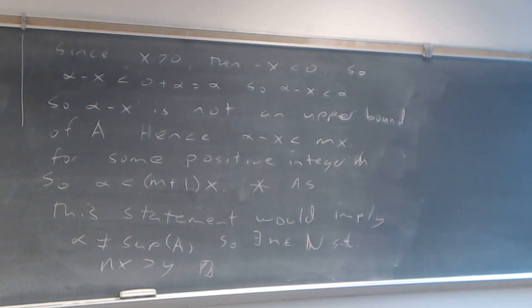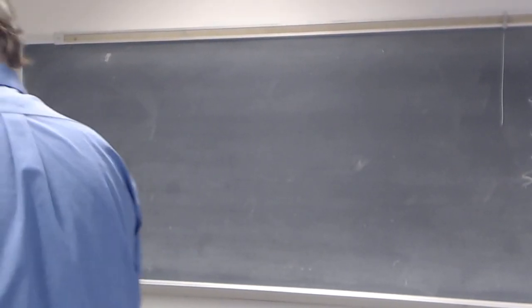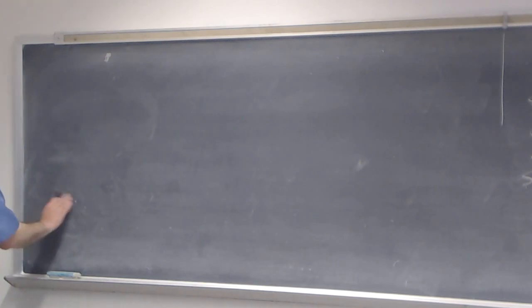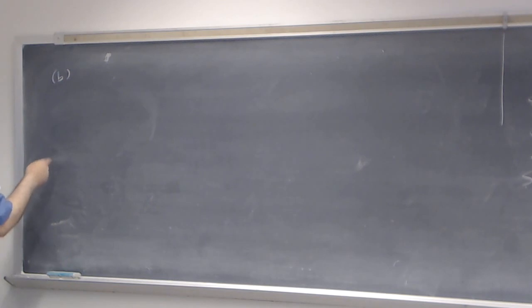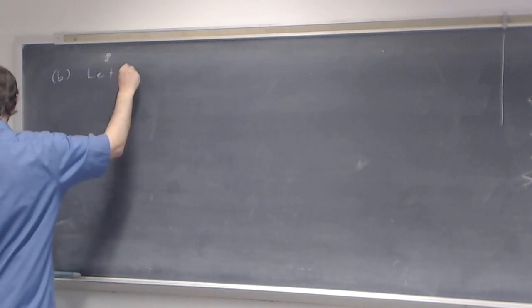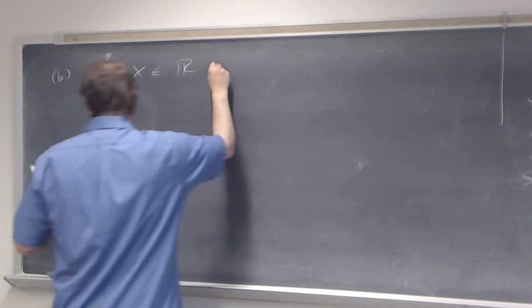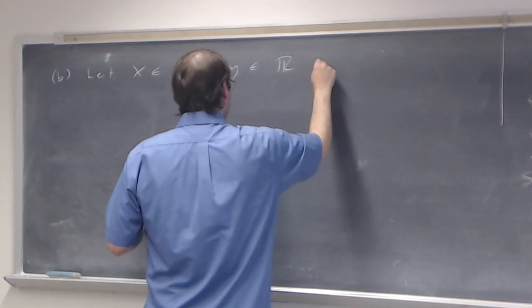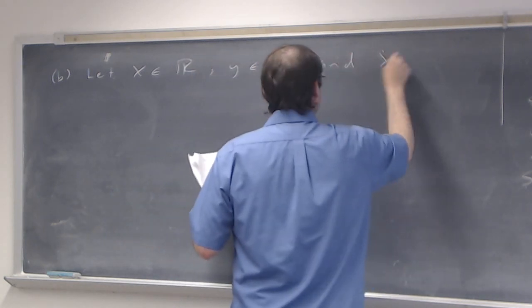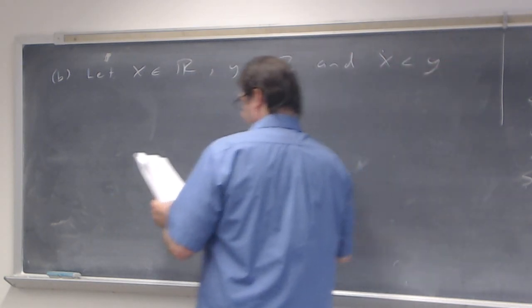Okay, we need to prove part B. So for part B, okay, we're trying to show that Q is dense in R. So we let x be a real number, y be a real number, and x be less than y.